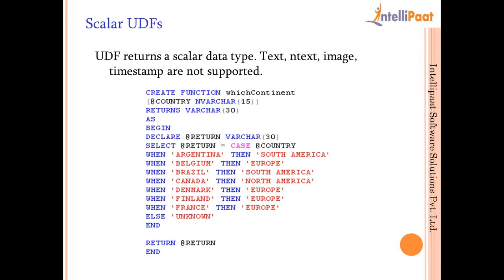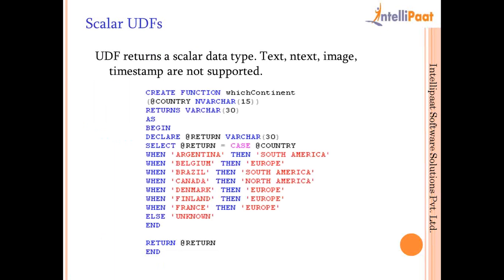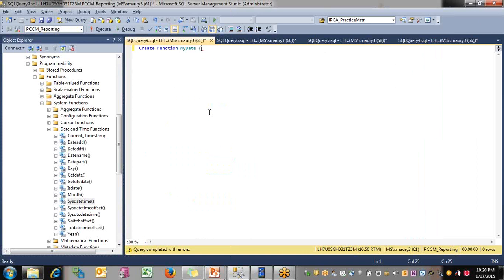Before we create this function, let me create a small function for you first. Let's say CREATE FUNCTION, let's say MyDate. This is the name I have given to my function, and here I will pass, let's say, AddDayNumber.